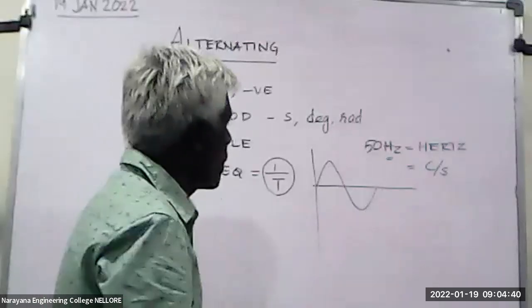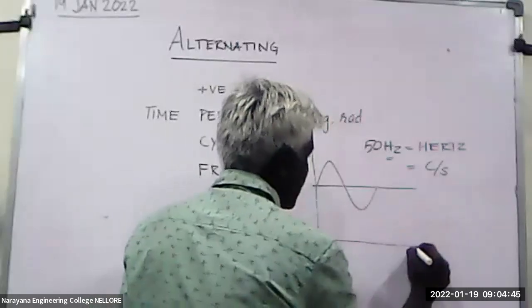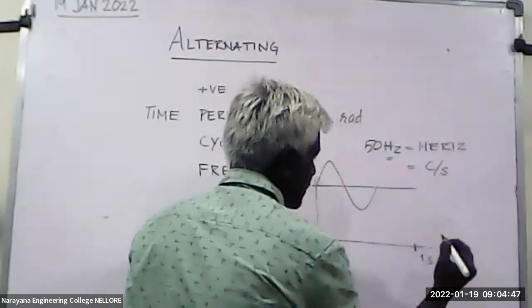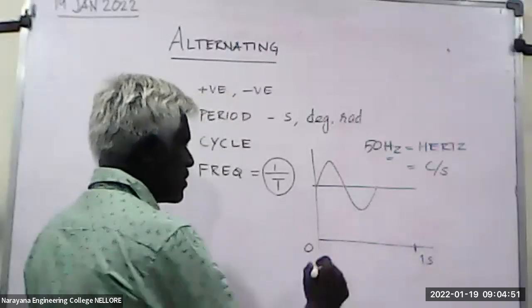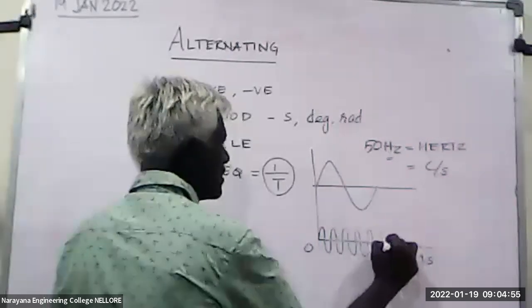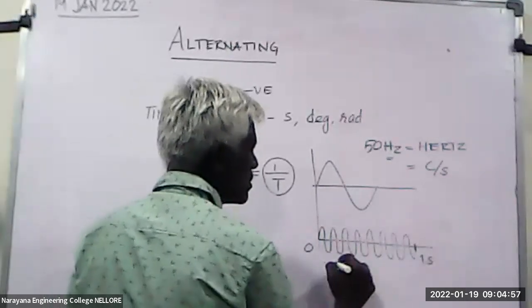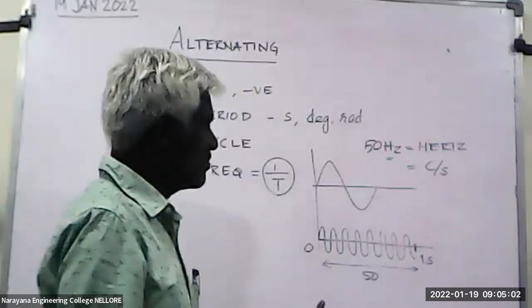It means that within a second, for example, our 1 second is here. Let us consider this is the 0th second and this is 1 second. If you count the number of signals, there will be 50 cycles within a second.